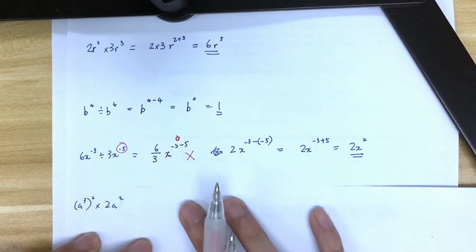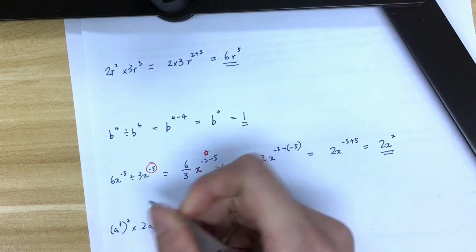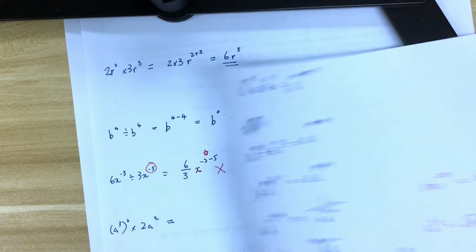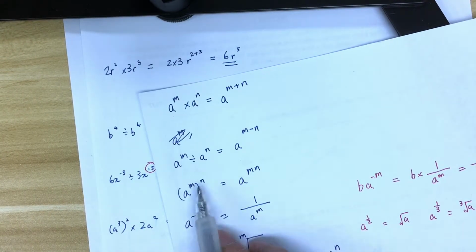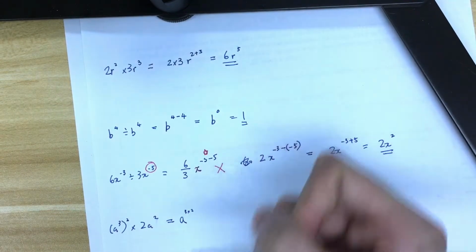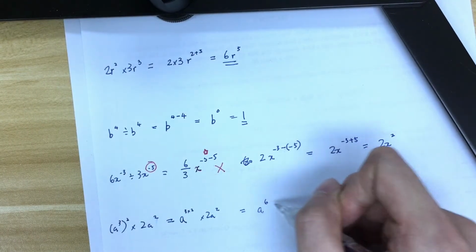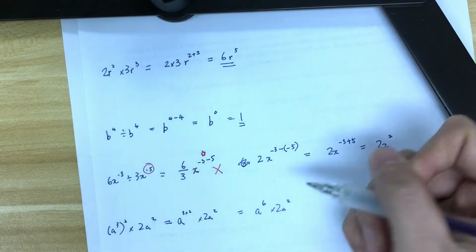Let's see the next question. It's another index law question, just pick the correct one. Multiply this in first: a to the power 6 times 2a squared.